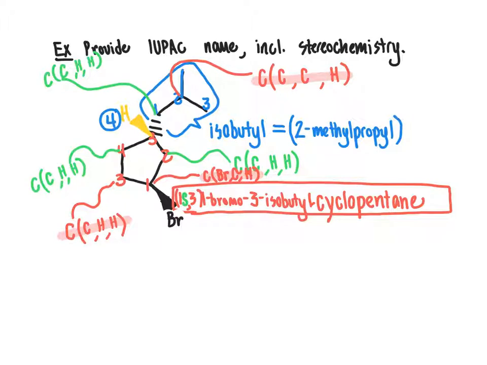So now looking at these 3 groups that we've put in red, hopefully we can tell the difference between these, and looking at them, we indeed can, because bromine has a higher atomic number than carbon. So therefore, that's going to be our highest ranking group of those.